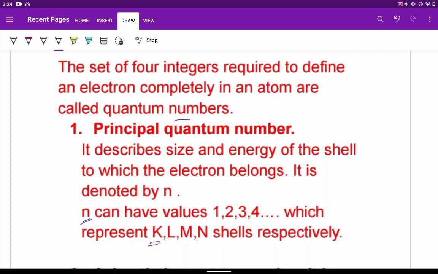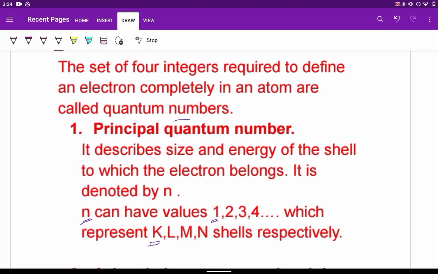When n equals 1, we name the shell as K. First shell, we name it as K. Second one, L, capital L. When we are designating with letters, all the alphabets are capital, starting from K. So K, L, M, N, like that we can designate the shells respectively.